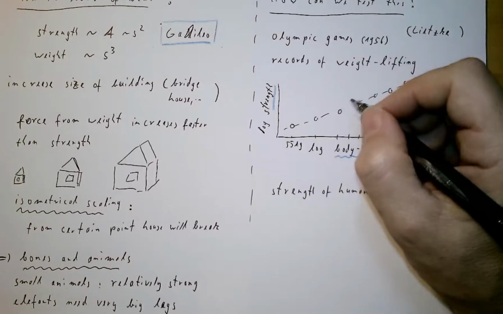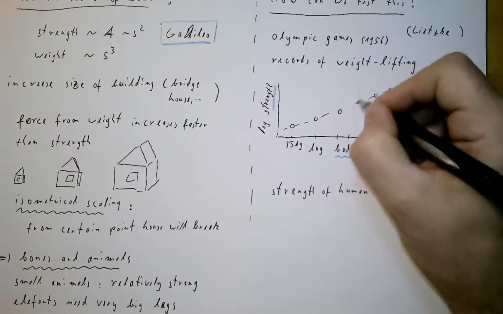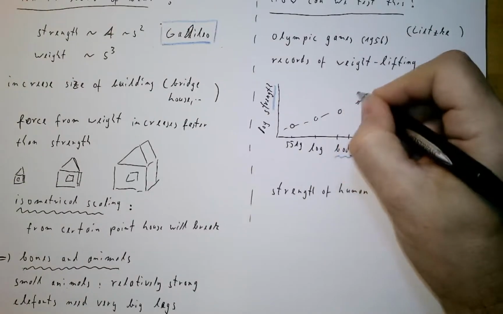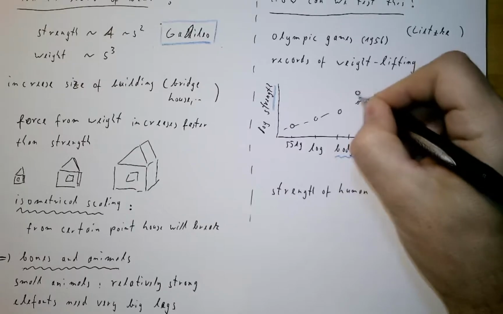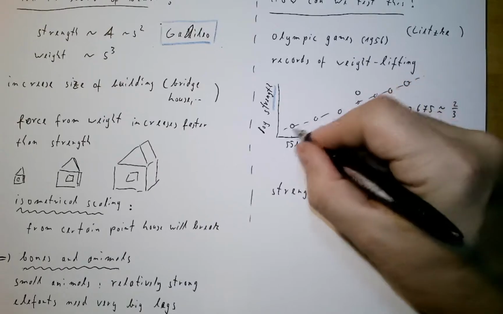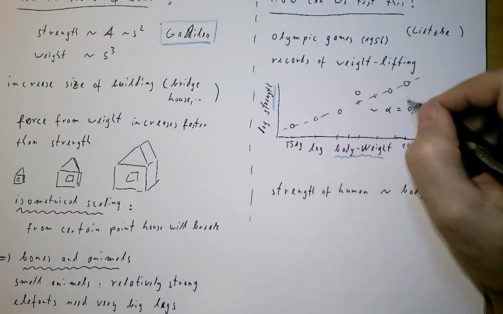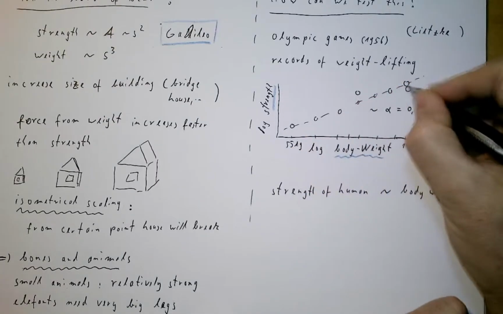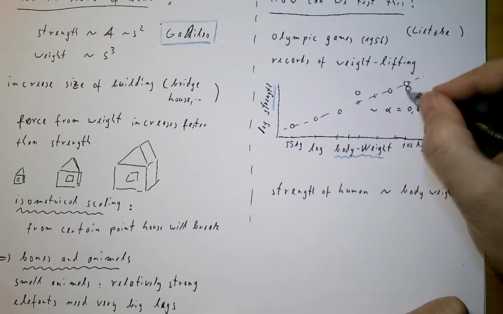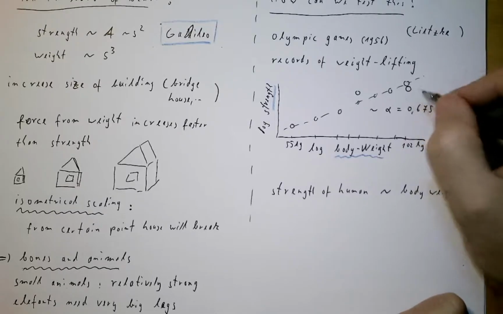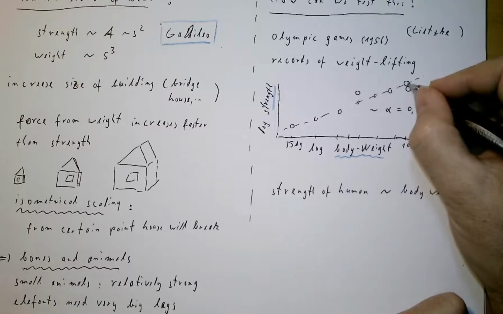And actually it was interesting that in some middleweight class there was a point which was a bit higher above the regression line, whereas in the biggest weight class the point was a little bit below the regression line.